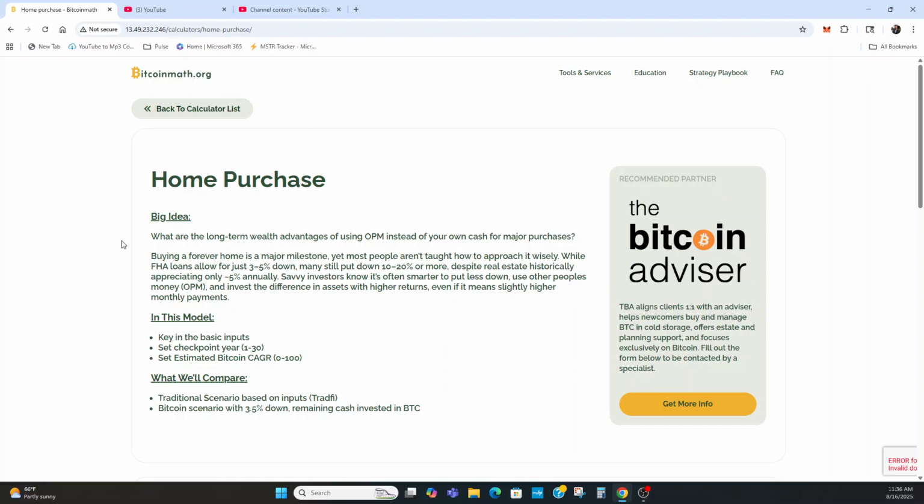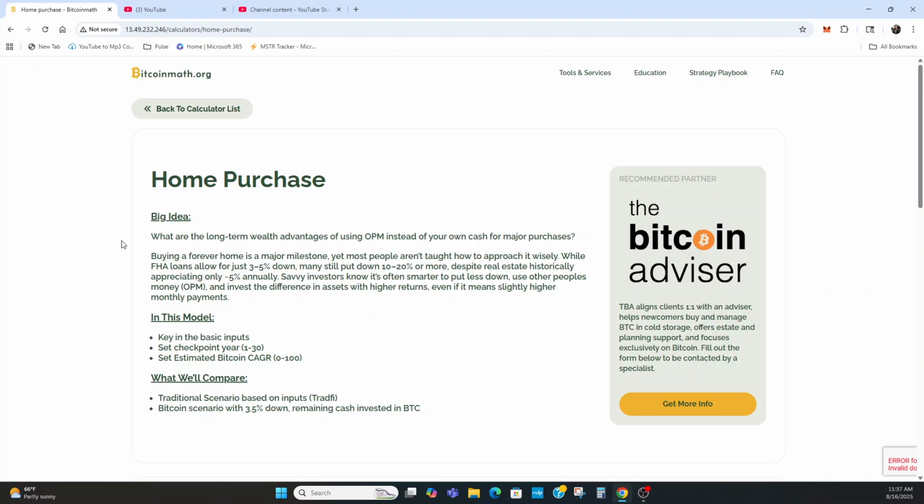So in this scenario, what we're going to look at is, okay, how does this look if I take out, say, 3.5% to buy the house versus if I put down 10% as a cash down payment? And we're going to look at the differences of these two scenarios.